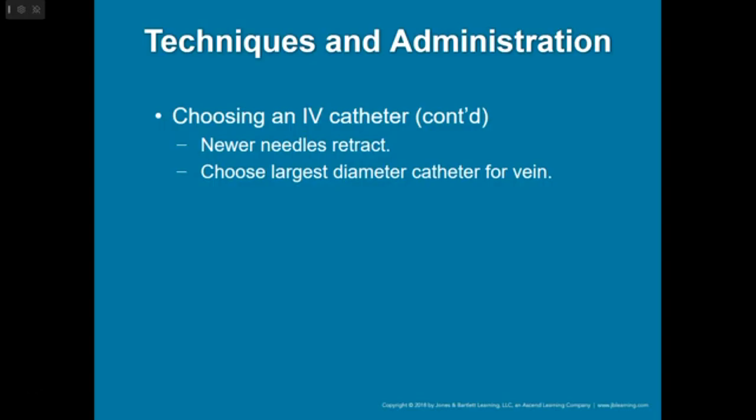Do you mind if I waste one of these just so I can see your style and how to get comfortable with it? Break one open, get a little 22 gauge or something small, pop it open and just feel how it works. If it's one of those auto retract ones, you want to know that before you get in there. If it's an auto occluding, you want to know that. So once you've started that IV, if it's auto occluding, it's not going to start spurting blood out.